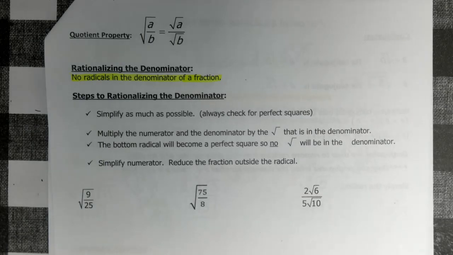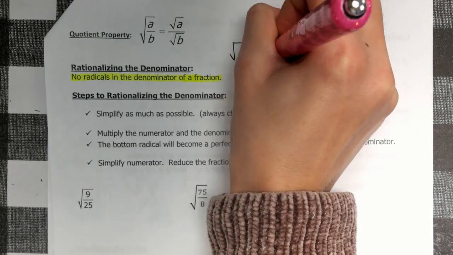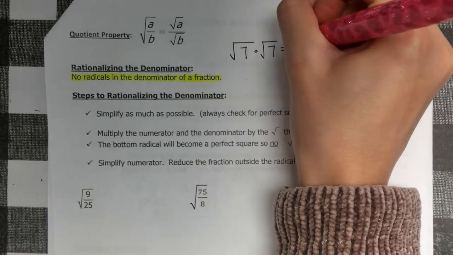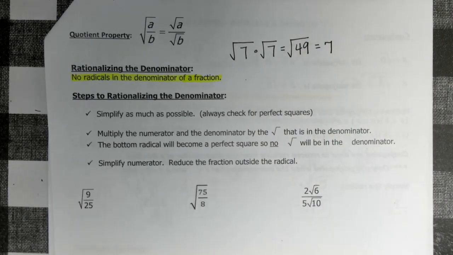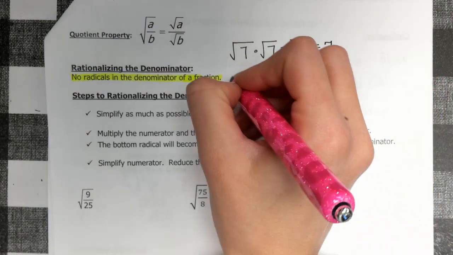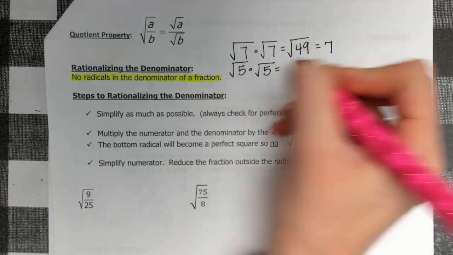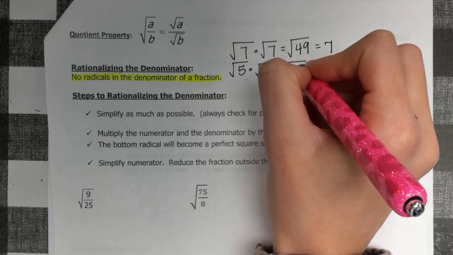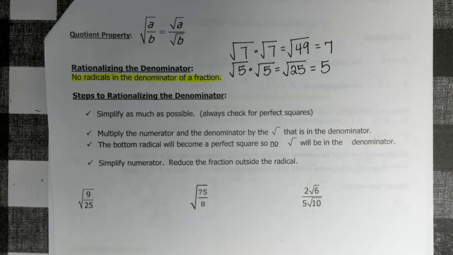Okay? So if you notice, earlier when we did square root of 7 times square root of 7, that gave us the square root of 49, which ultimately gave us 7. Same concept, if you've got the square root of 5 times square root of 5, that's going to give you square root of 25, which is 5. Okay, you see what's going on here?